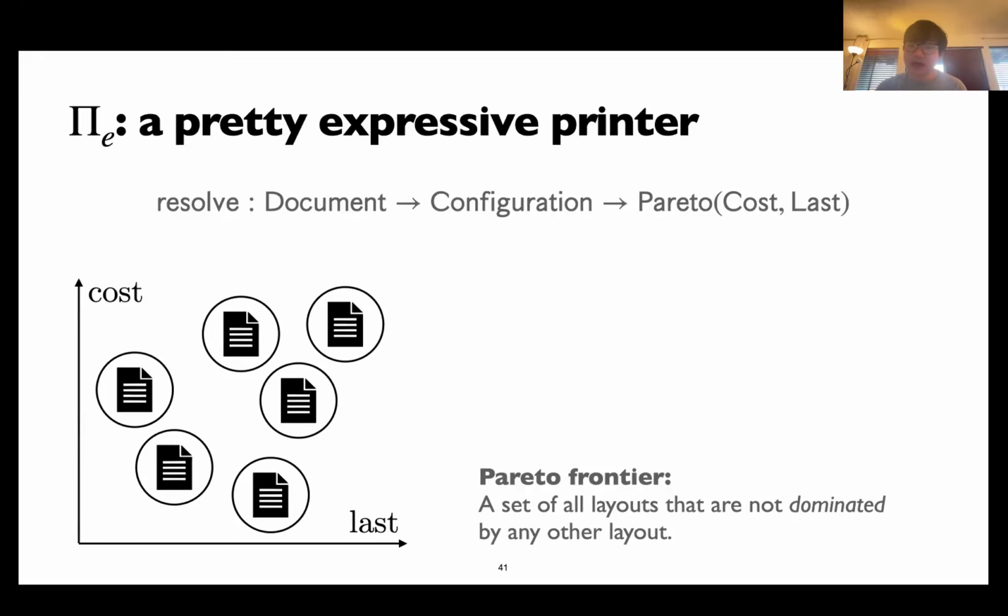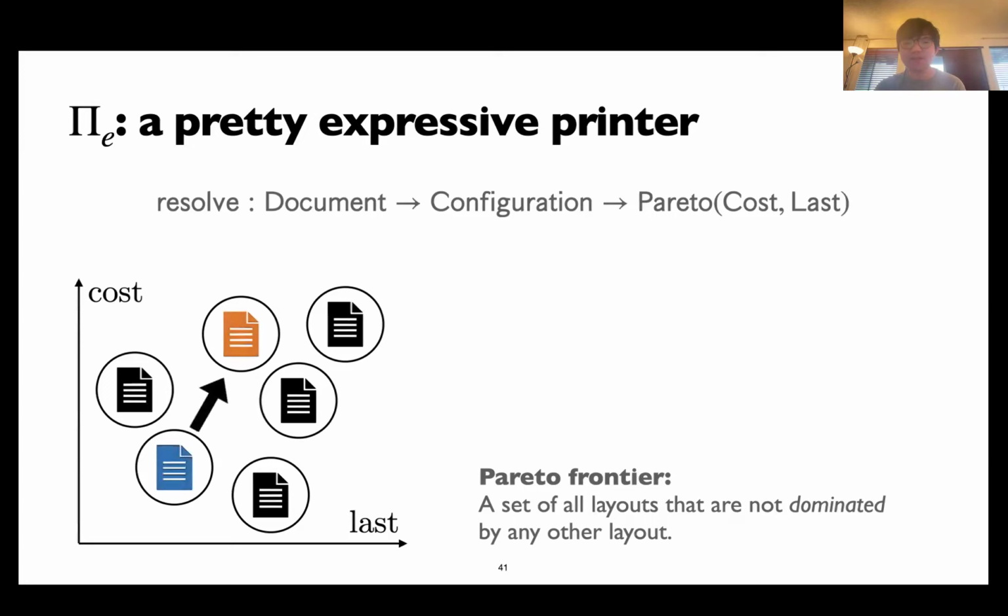This set of layouts in particular forms a Pareto frontier, which is a trade-off between two quantities, cost and last. Cost is essentially the cost of the layout, which is computed from the cost factory that I talked about earlier. And last is the length of the last line of each layout. Now, let me remind you what a Pareto frontier is. A Pareto frontier is a set of things that are not dominated by other things, right?